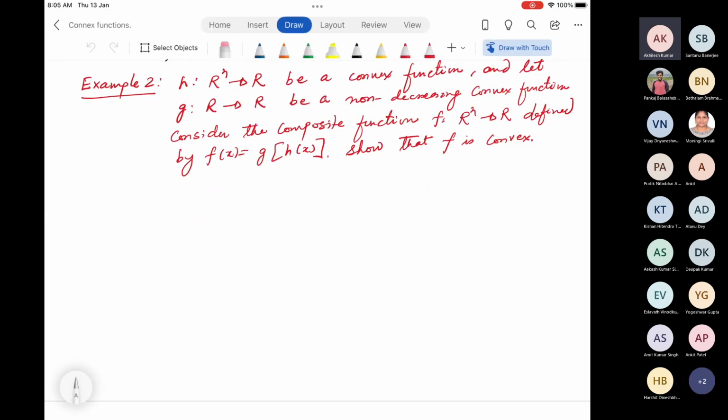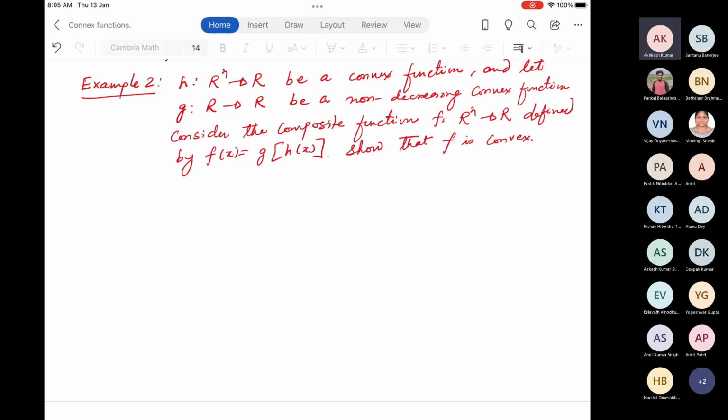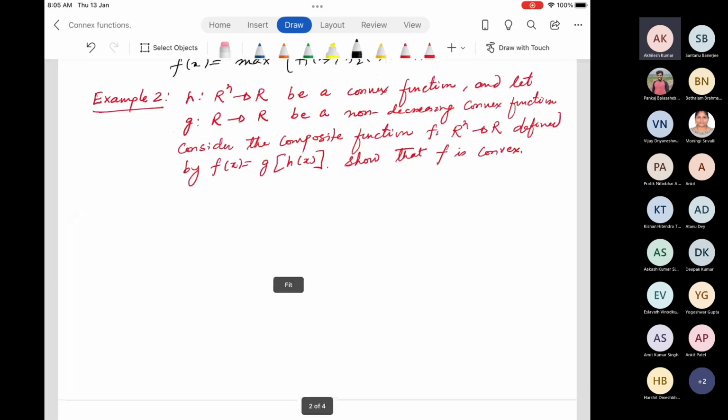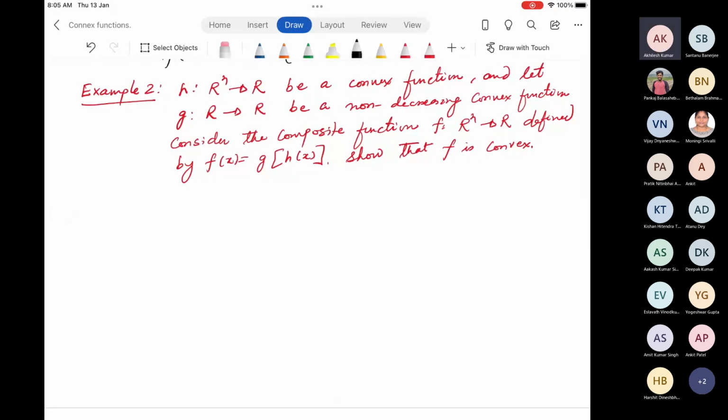As I said, definitely we will see different ways to prove convexity. But if we are looking at these kinds of functions, keep in mind, whenever we want to prove convexity using Jensen's inequality, we always have to start with some x1, x2 or x and y.